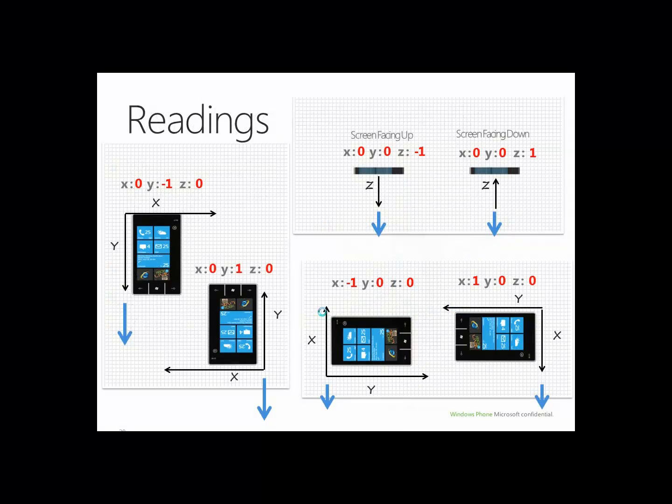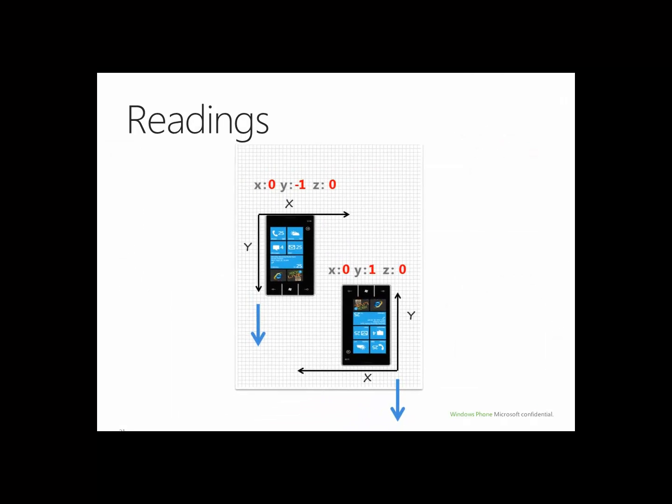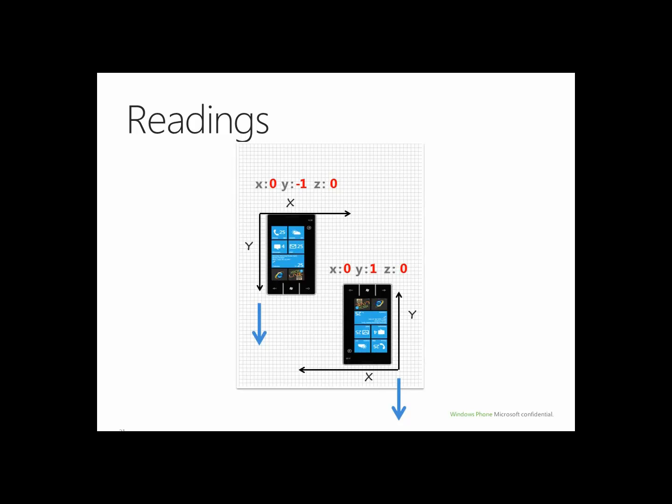So I wanted to talk about the drag on the phone and the readings you're going to get on the phone. We'll start with, first, if you have the phone sitting on the desk, and you can do this with your phone right now. If you have it sitting on the desk, straight up like you see, you'll notice that the x-axis is across the top, left to right, and the y-axis is up and down on the side.